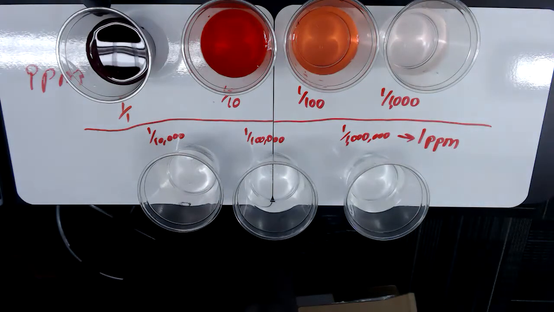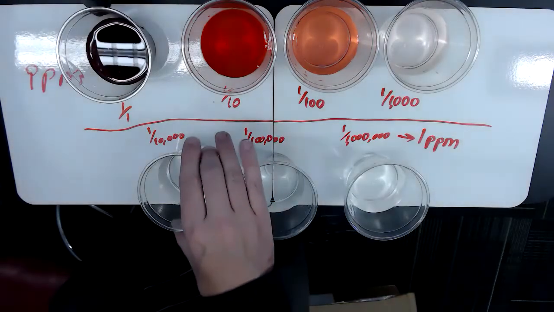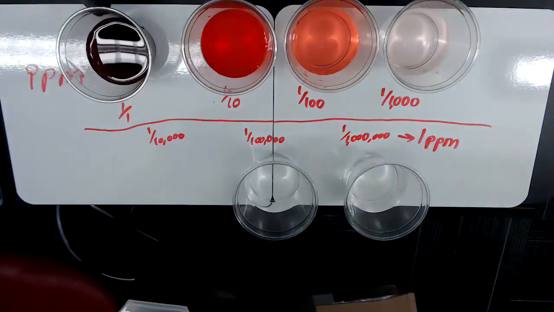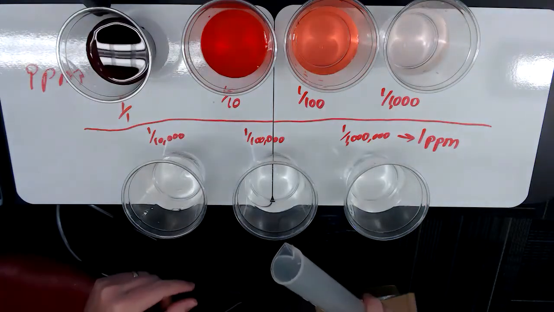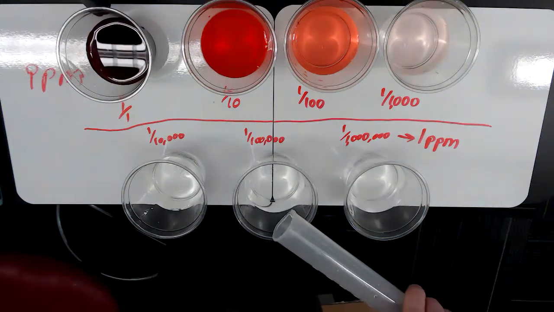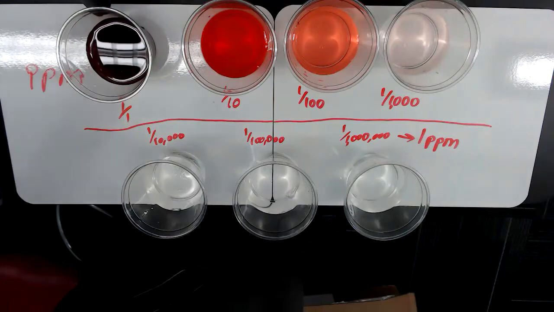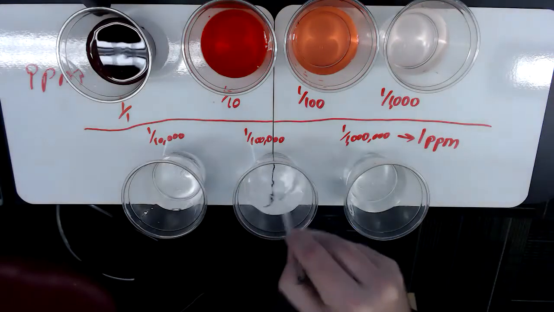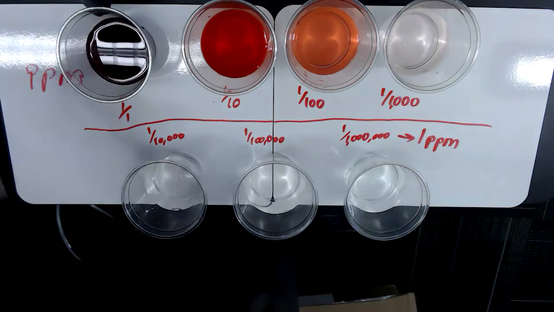Okay, so just think to yourself as I'm doing this, what we see with the color of the water as we go from 1 part per 1. Now we're at 1 part per 10,000. Now I'm mixing 1 part per 100,000. And eventually we'll get to 1 part per million, which will be our last one right here.